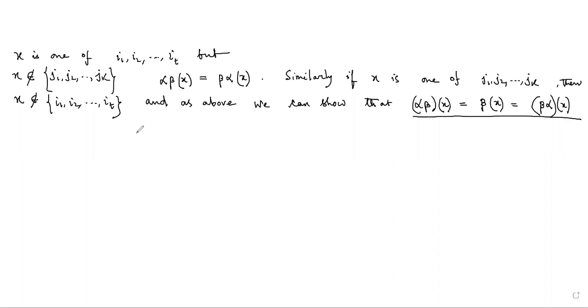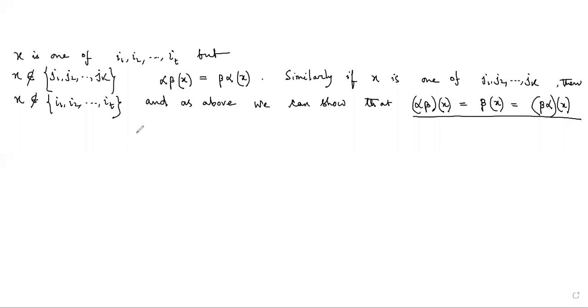In the second case, we considered two subcases. In the first subcase, X is any one element from the first cycle. We showed that in this case also alpha beta equals beta alpha. In the second subcase, we have shown that when X is any element from the cycle J1, J2, ..., Jk, then also alpha beta equals beta alpha.